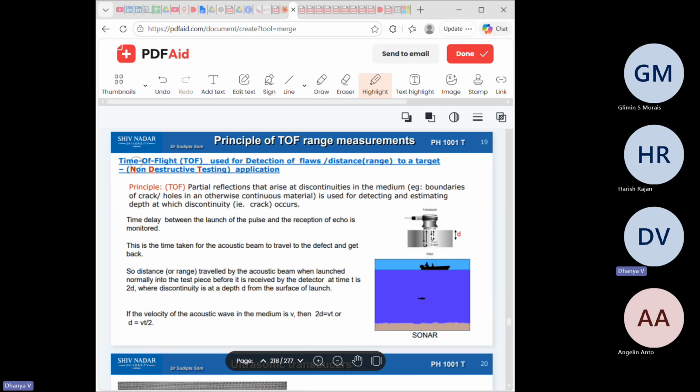Your time of flight is the time it takes to reach your crack. So this is your transducer, this is your shaft per se, then how much time it takes. Used for detection of flaws. Partial reflections that arise at discontinuities in the medium are used for detecting and estimating depth.